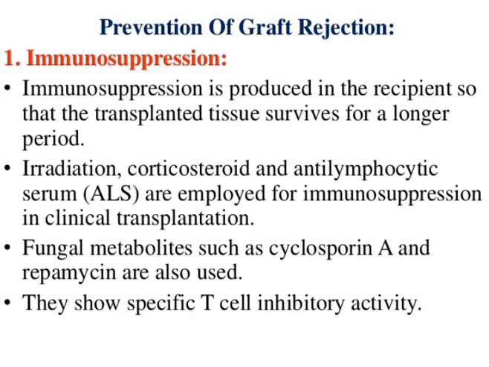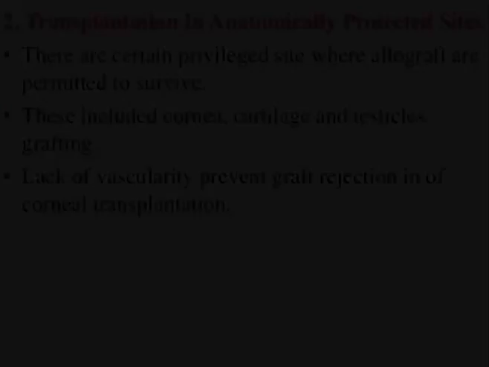Prevention of graft rejection: one is immunosuppression, which is produced in the recipient so that the transplanted tissue survives for a longer period. Radiation, corticosteroids and anti-lymphocytic serum are employed for immunosuppression in clinical transplantation. Fungal metabolites such as cyclosporin A and rapamycin are also used. They show specific T cell inhibitory activity.